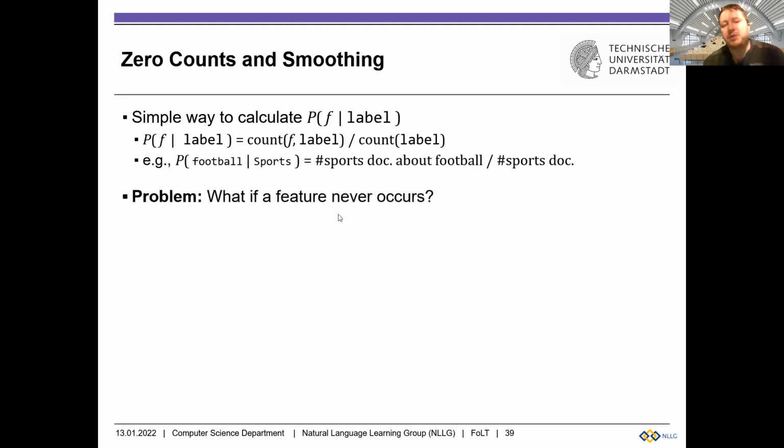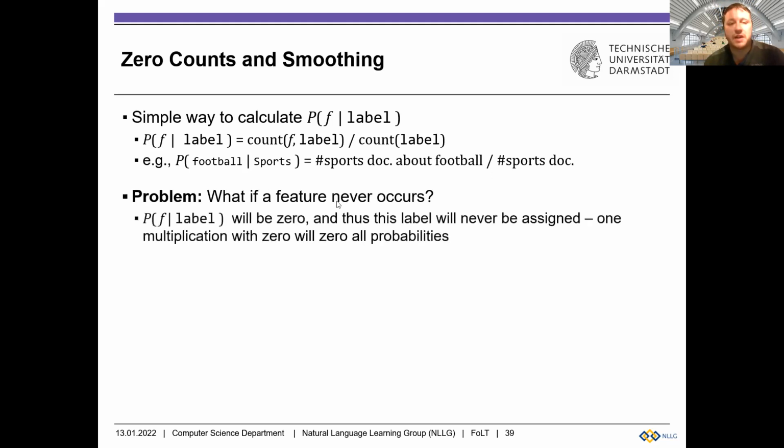One problem that we have is what happens if a feature never occurs. For example, let's say a particular rare name or a rare word never occurs. If this is the case, then the count of the feature and label is 0, right?